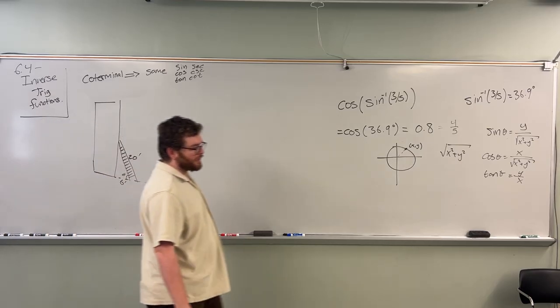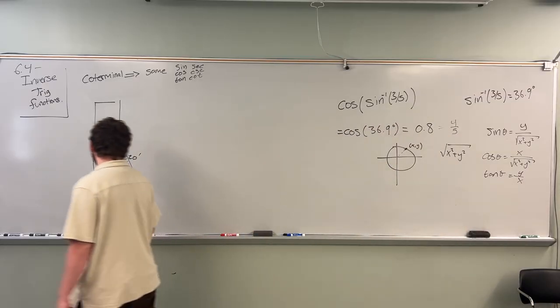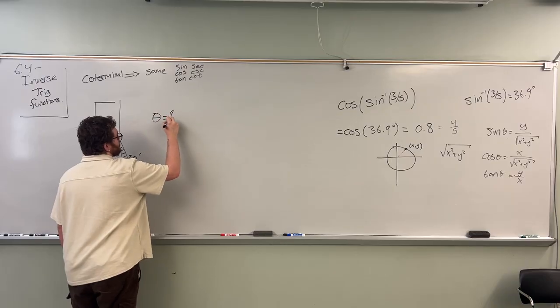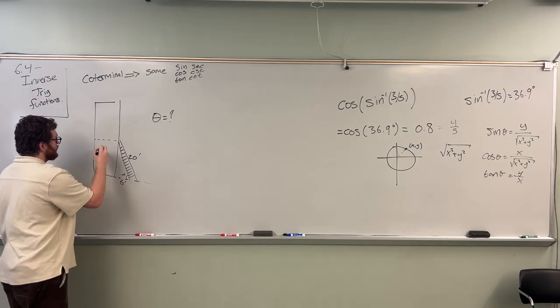That's all the information I know right now. I can ask you two things. One, what is the angle? Two, how high up on the building does it go? I'm going to call this H.